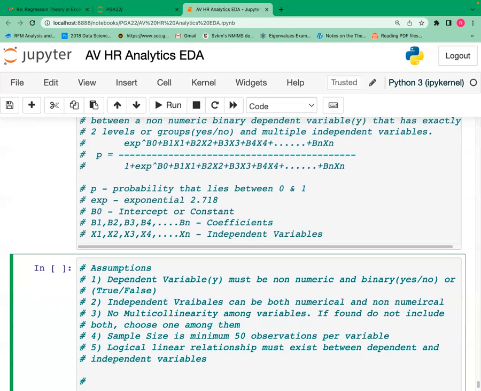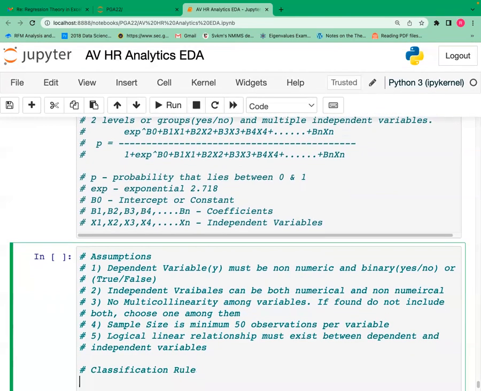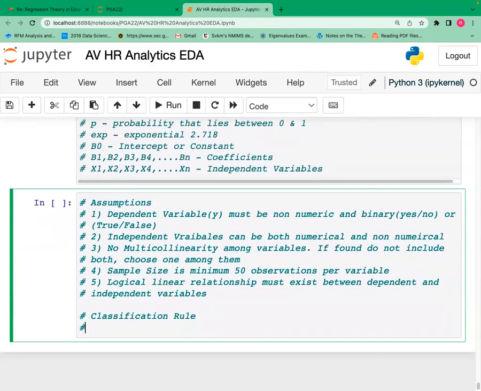Okay. Now, the classification rule. In classification, we get the probability. Probability greater than or equal to 0.50 is classified as 1.